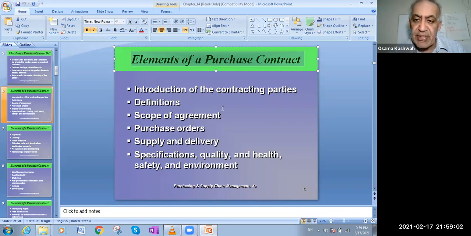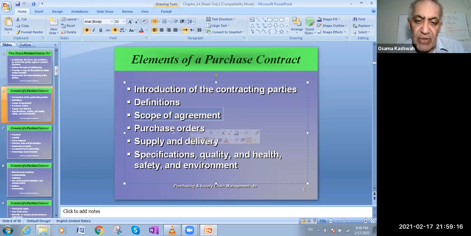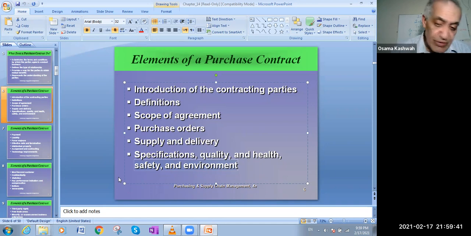It is the introduction, the definitions of the purchaser and the supplier, the scope of agreements, the area of the agreement, purchase orders including the number, supply and delivery, how the supply and delivery will be, whether FOB (free on board), loco or franco, based on the system of delivery, specification, the quantity which you want to buy, and health, safety, and environment, if your product is environmentally friendly.